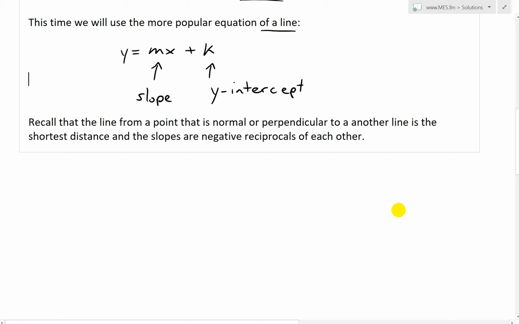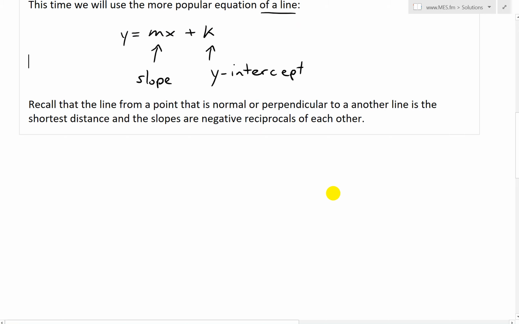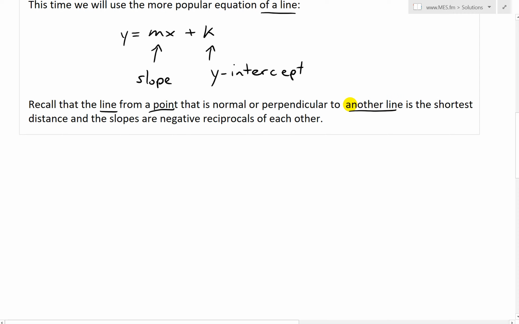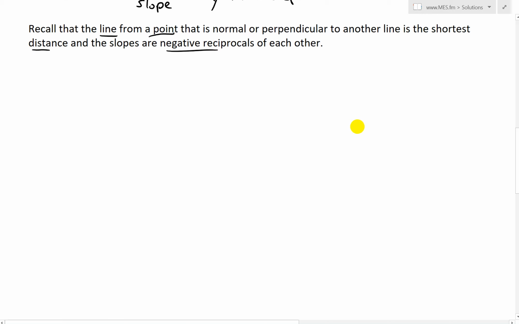If we have a line with that equation, first recall that the line from a point that is normal or perpendicular to another line is the shortest distance, and the slopes are negative reciprocals of each other. Let's draw this all out.